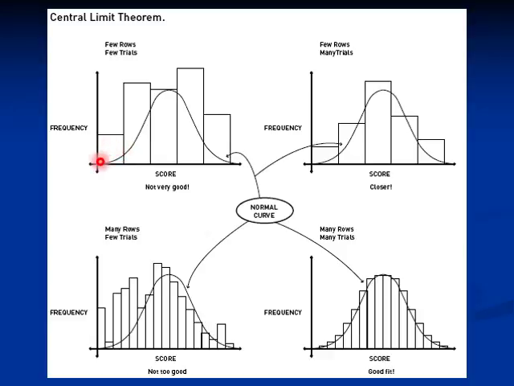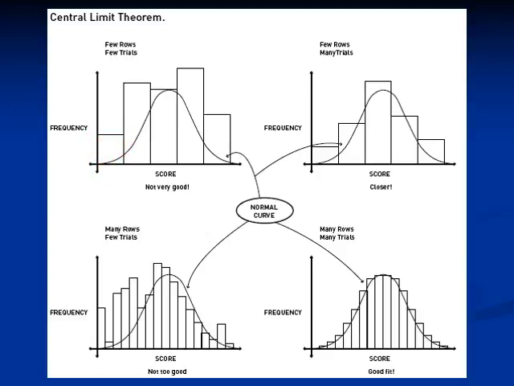So let's say this represents maybe 0 to 10, 10 to 20, 20 to 30. Okay, so you have these pretty wide score ranges. That's what this means, few rows. That means that you're doing this large amount of binning here. Instead of individual numbers, you're saying everything from 0 to 10 is represented in this bar on the bar graph.